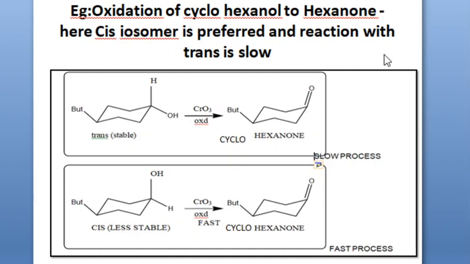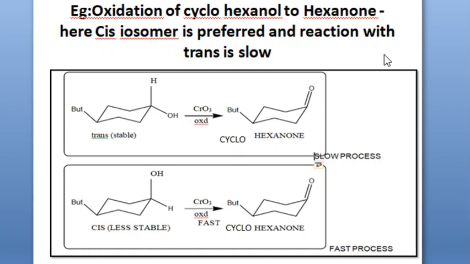So both are reactants, cis and trans are diastereomers of the same compound, substituted 4-butyl cyclohexanol. One is cis, another one is trans. So diastereomers you can say, or stereoisomers simply.